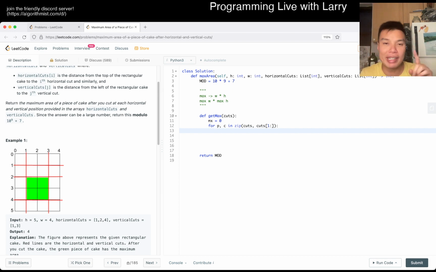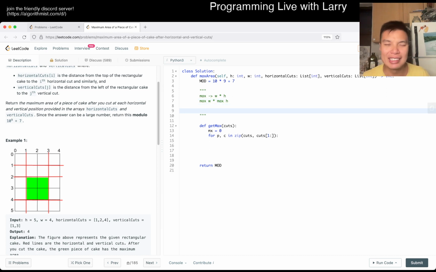But one thing to be careful about for mod is that remember that you want to maximize width times maximize height, right? So basically at the end we're going to return max of W times max of height, and of course we want to do this mod. It is important that you do not, it's very easy, and I made this mistake before, so you have to be careful.